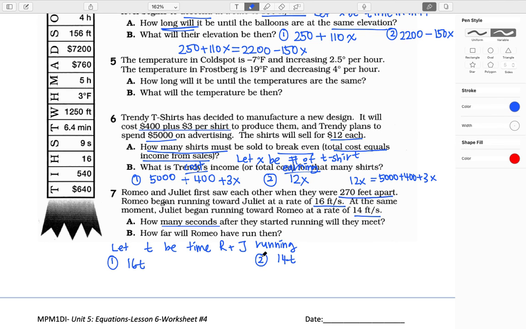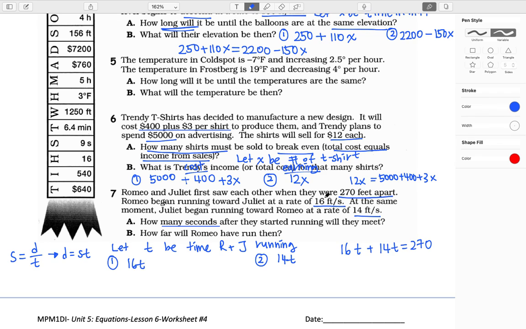And this will add up to 270. 16t plus 14t equals 270. The reason why it's equal to the distance, remember speed is distance over time. And if I rearrange, distance is equal to speed times t.